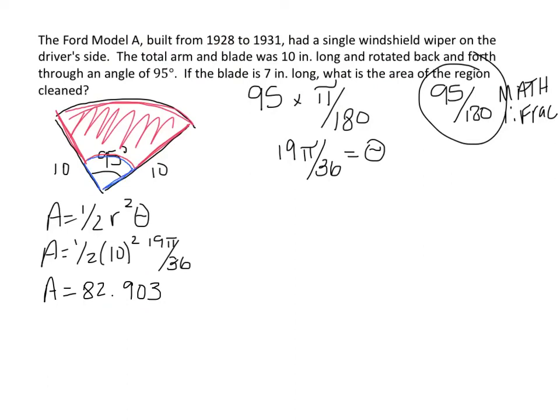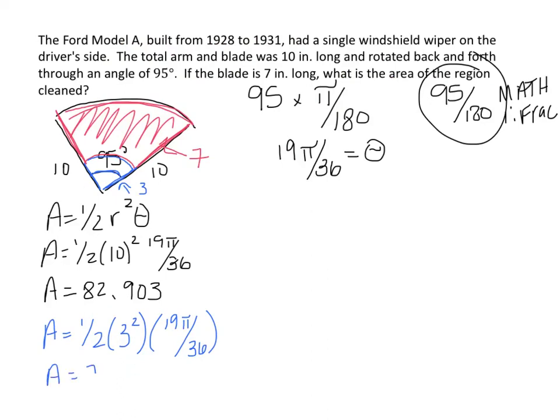So remember, if the part that I've labeled in pink is 7, then that means that this smaller one is 3. So that's going to be my R. And it still rotates through the same angle, so I still use 19 pi over 36. This gives me an area of 7.461.